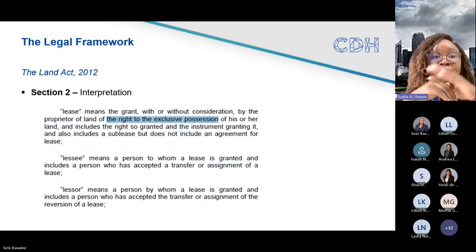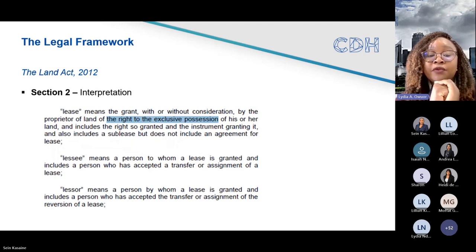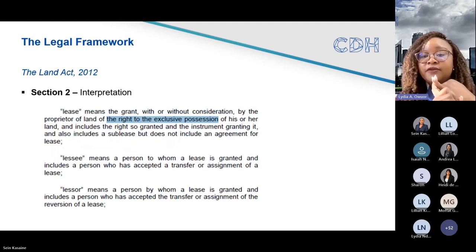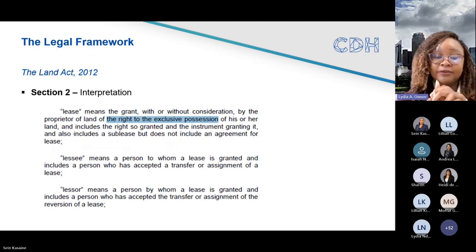And here we're again discussing the legal framework of leases. So in terms of the legal framework of leases, before I proceed, let me just say I am focusing on the Land Act 2012, the Land Registration Act 2012, and the Land Laws Amendment Act 2016.